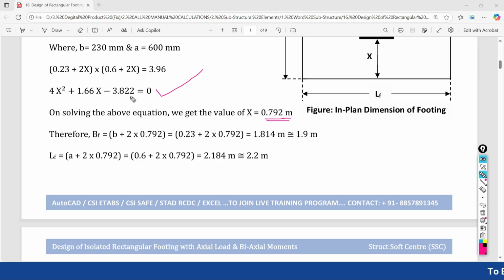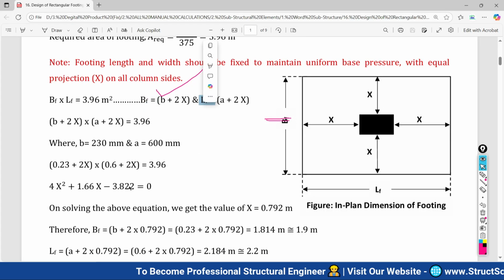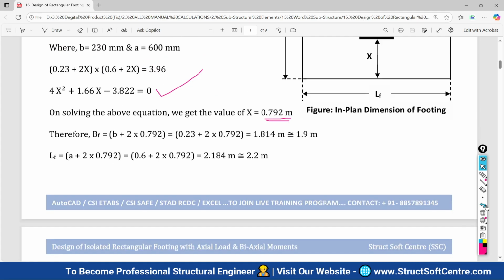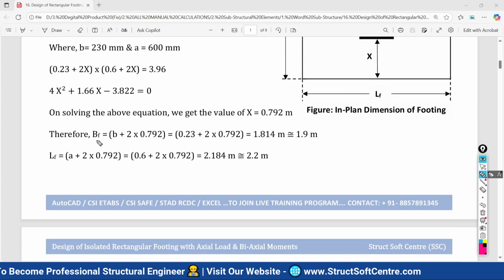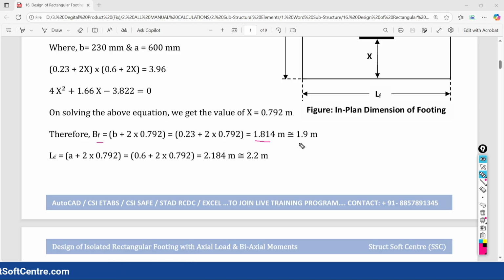Definitely you will get two values, so the acceptable value will be this one. Now I am going to put this x value in the width of the footing formula and the length of the footing formula. After putting the values in the width formula, we get the required width of the footing as 1.814 meter. I am going to round this up to 1.9 meter.